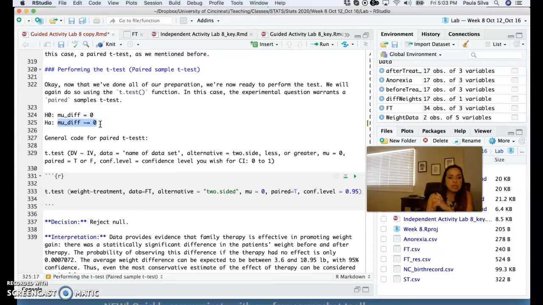I'm not saying even that it is greater than 0, because who knows, family therapy for various reasons could actually have a detrimental effect in weight gain. It might not be just placebo, it might mess things up. So we can expect differences in both directions, so we want to set our rejection areas both ways, just in case family therapy turns out to have a negative effect on weight of girls with anorexia.